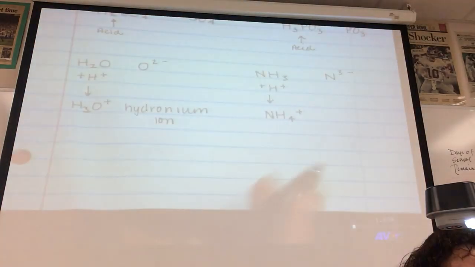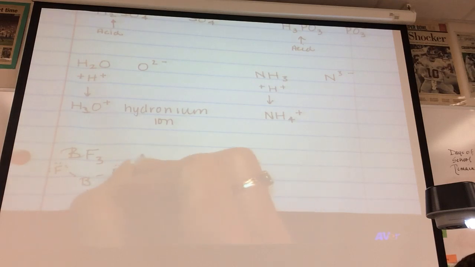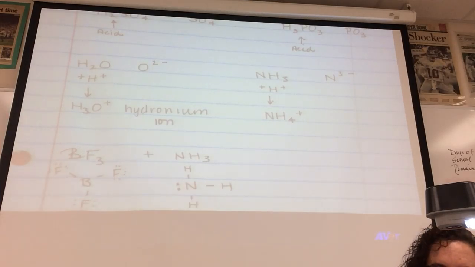So in the example shown here, if you have boron trifluoride, where you've got boron, and you should recall that boron has an incomplete octet, so you don't have an octet of electrons on boron, and you add it to ammonia, which compound has a lone pair of electrons on its central atom?